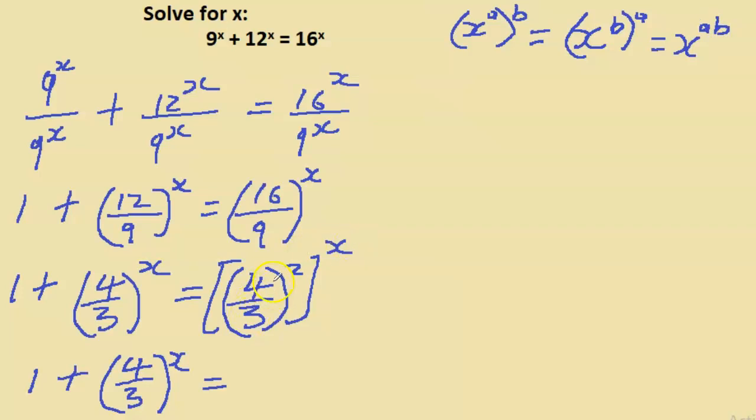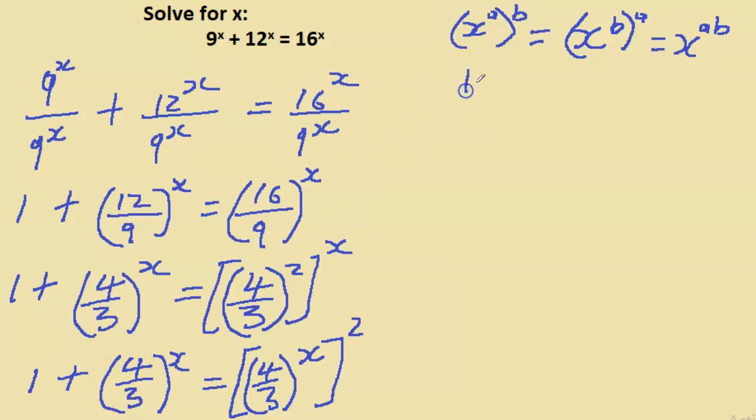So in the same way, this is 4/3 to the power of 2x, but we can rewrite it conveniently, putting the x first, because we want a term to look like what we have over here, and then the 2. That's very convenient for what we plan to do next, which is substitution.